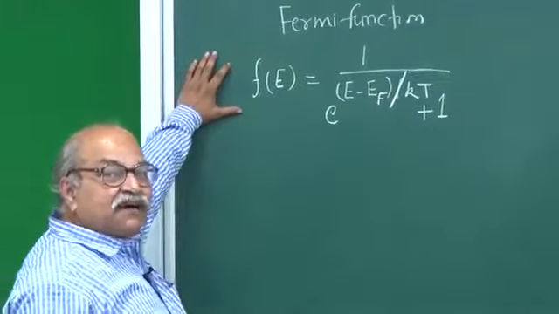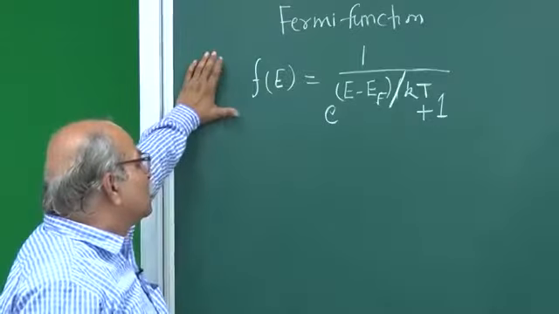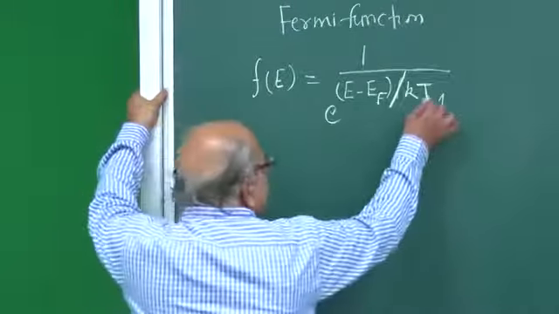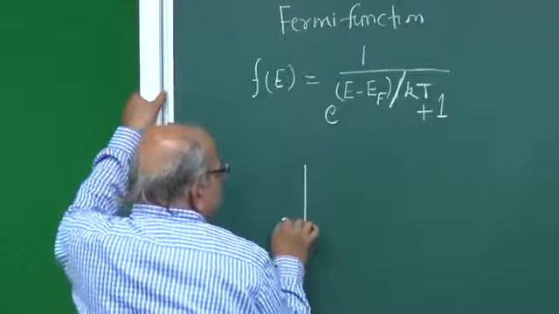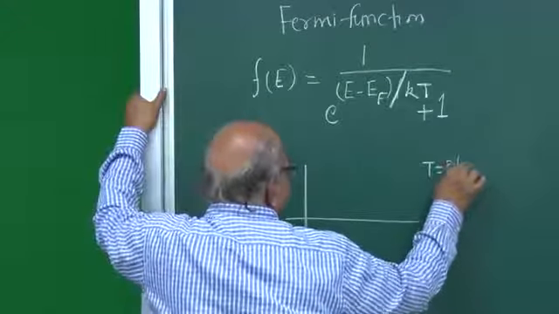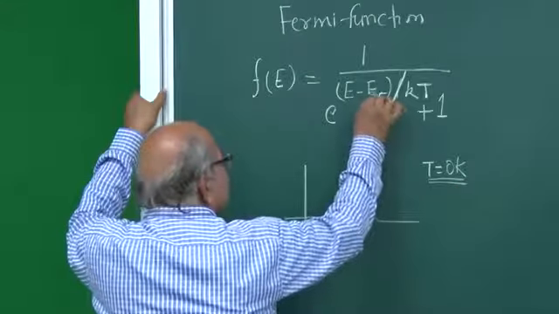So this is known as the Fermi function. It's a very interesting function mathematically also. If you try to plot this, the temperature is a fixed parameter here. Let's take T equal to 0, and EF is another constant appearing here.